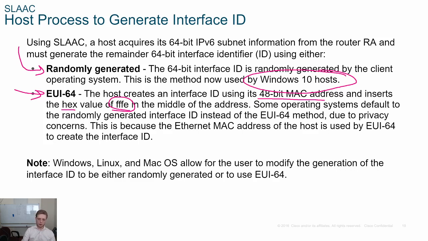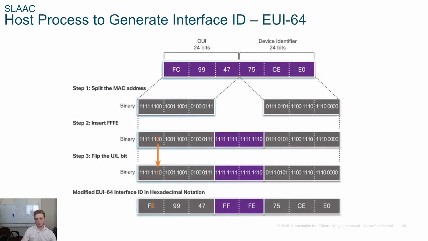Some other operating systems will default to a randomly generated interface ID instead of EUI-64 due to privacy concerns, but it's either random or it's EUI-64. We can also modify it in pretty much any OS if we have some different kind of rules we want to set.